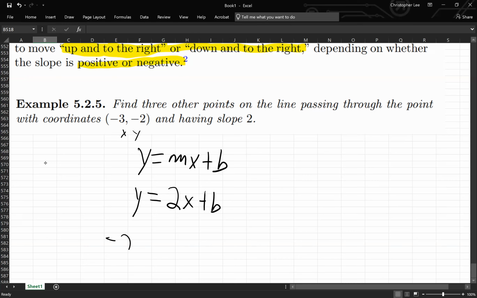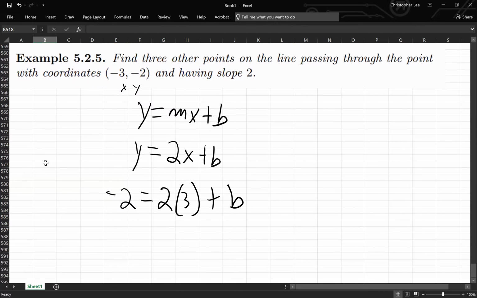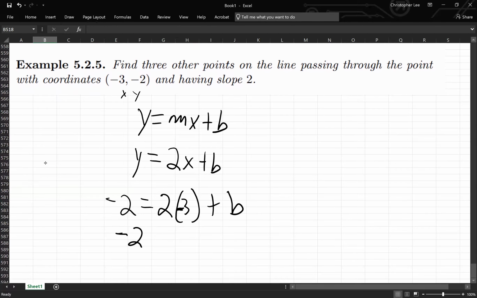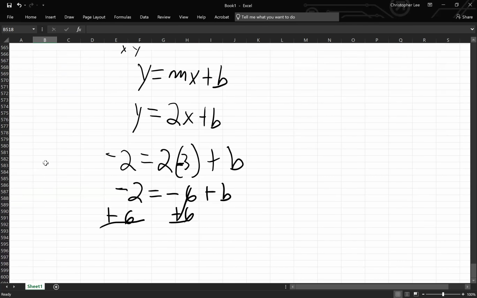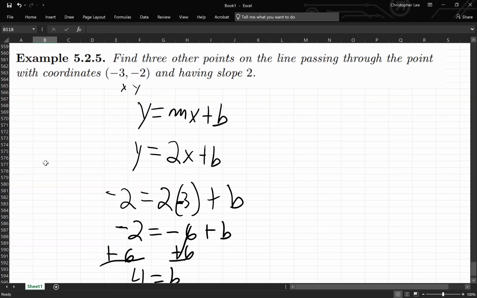All right, so -2 equals 2 times -3 plus b. My fault, -3, right? So this becomes -2 is equal to -6 plus b. Add 6 over here, right? 4 equals b, right? And that's it. Questions on this, anybody?